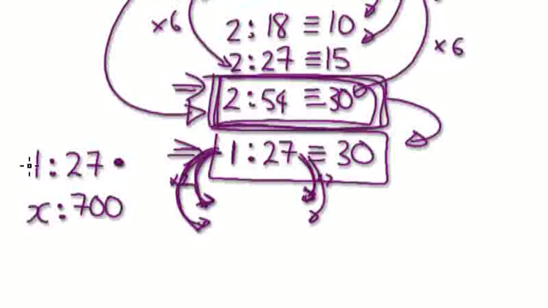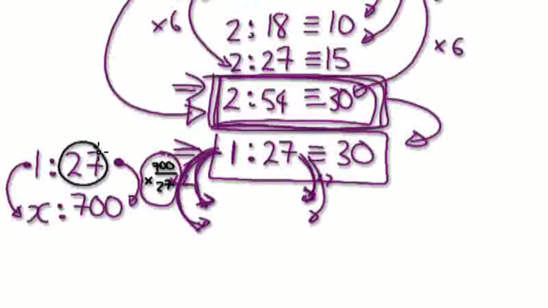So you want to get from 1 to the x here, and you've got to locate the multiplier. If you start at 27, what do you need to times by in order to get to 700? You start at the destination, so your multiplier will be the destination, which is 700, divided by 27. If you start at 27 and then you times by this multiplier, that will take you to 700.